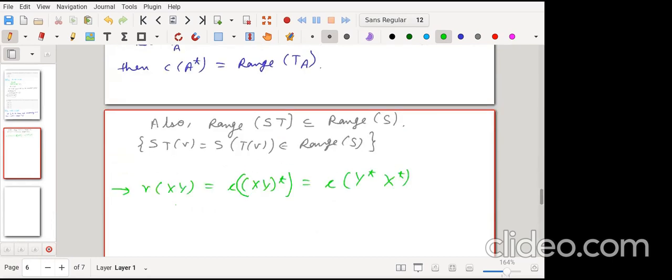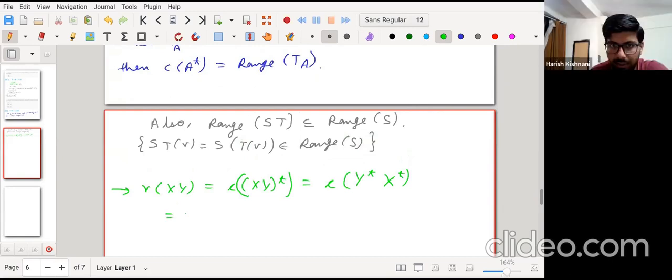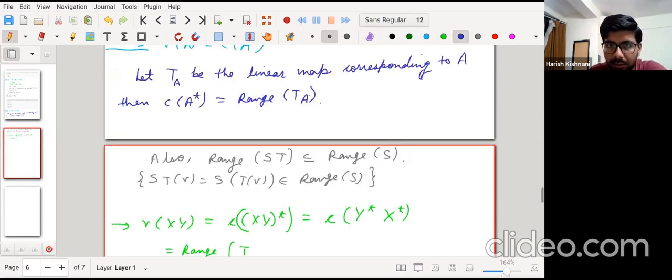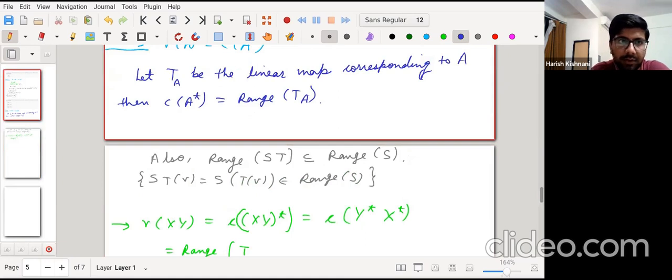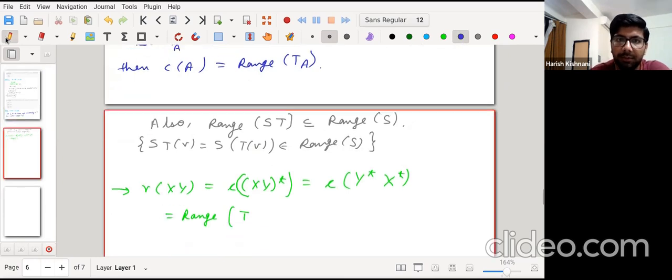And sir, this is equal to the range of the polynomial T. I made a mistake. Here it should be T of A transpose. Okay. So column of A is equal to range of TA.